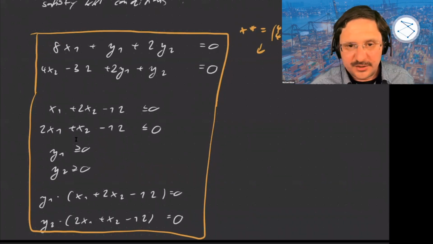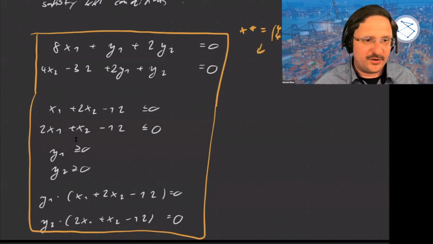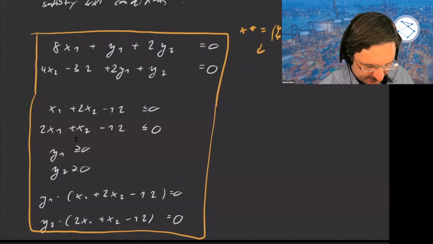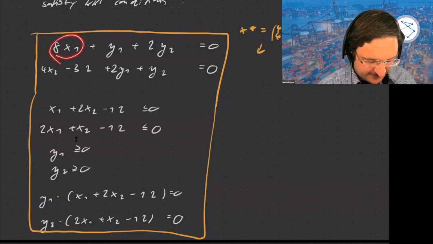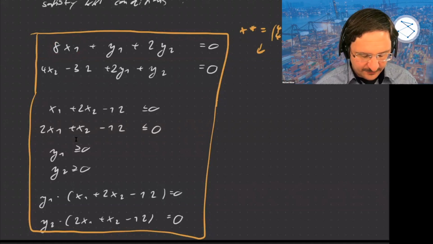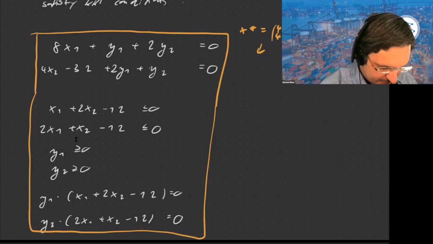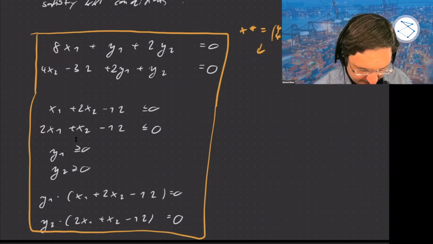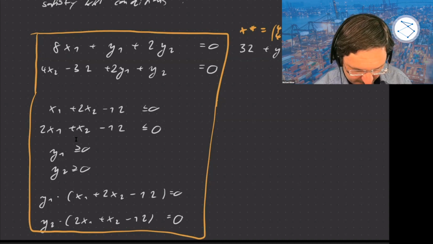And we get an equation or inequality system that doesn't contain x1 and x2 anymore. So here we get 8 times x1, 8 times 4, that is 32, plus y1 plus 2y2 is 0.